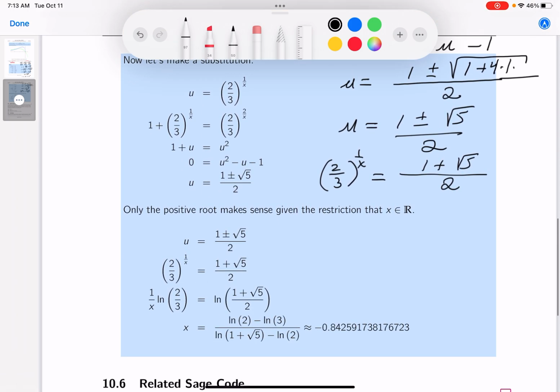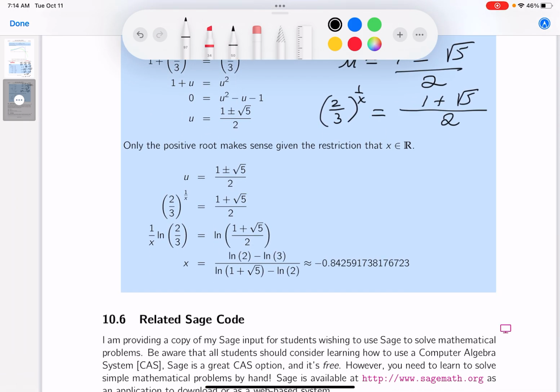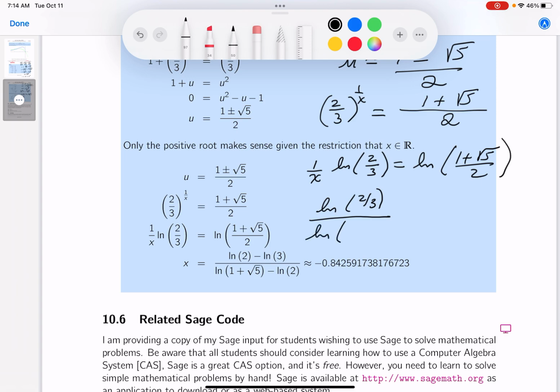All right, what I'm going to do now is take the log of both sides, and I get 1 over x times the natural log of 2/3 equals the natural log of 1 plus root 5 over 2. And I'm going to solve for x. It's going to be the natural log of 2/3 over the natural log of 1 plus root 5 over 2, and that's going to equal x.